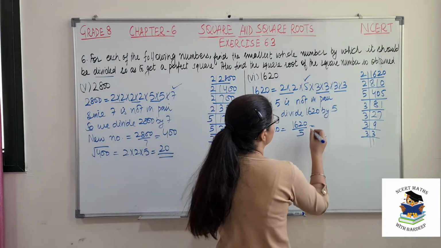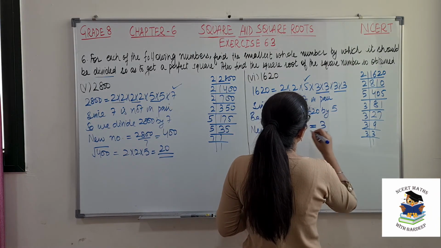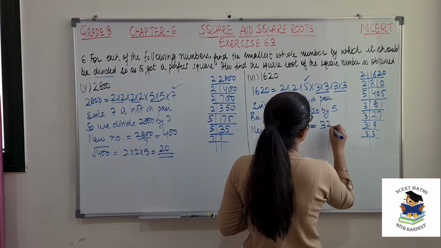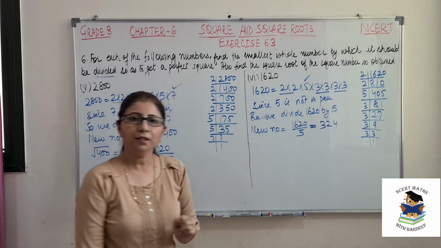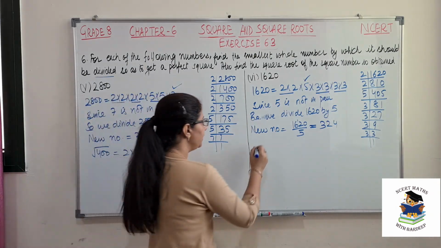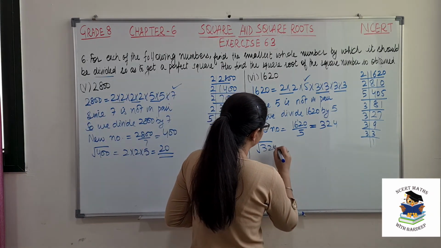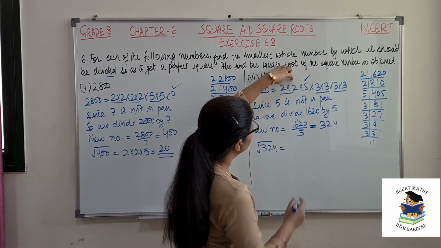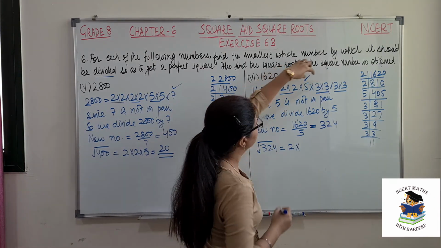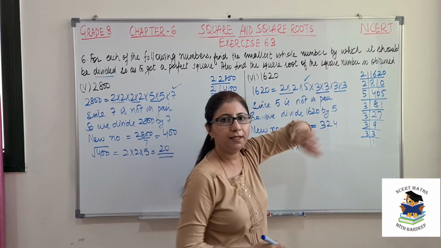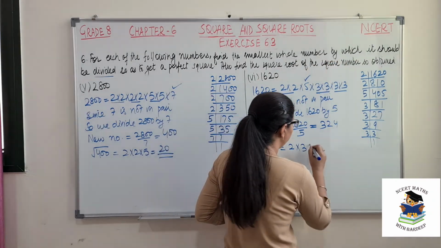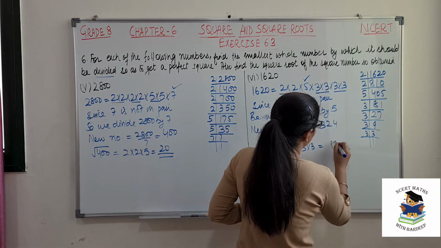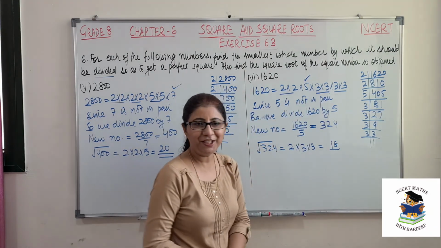This is your choice. So the answer will be 5 3s are 15, so this is 324. So what is the square root of 324? Now since this 5 is not there, one 2 will come, one 3 will come and the second 3 will come. So 2 into 3 into 3. So this will be 18.